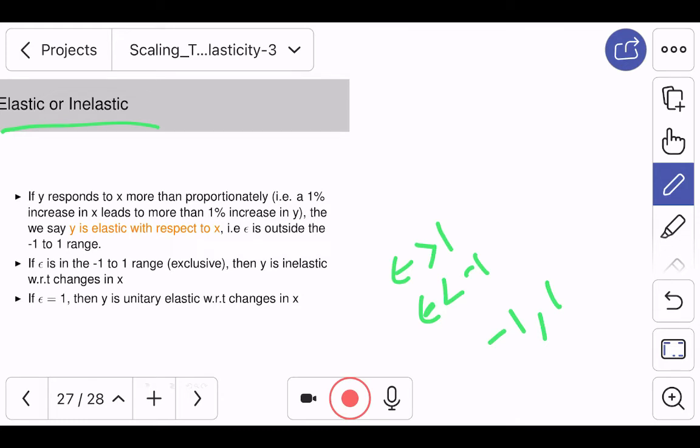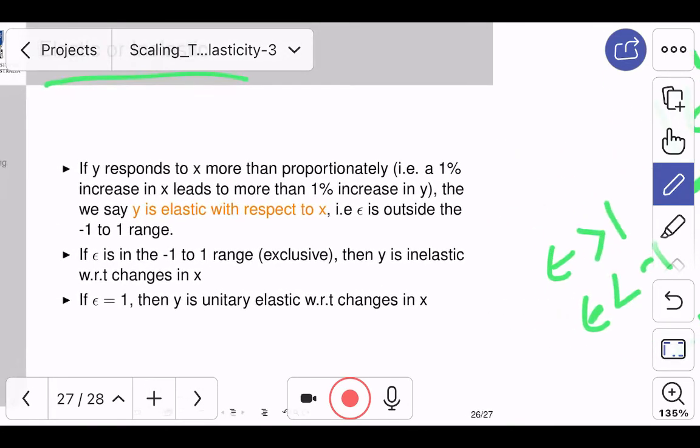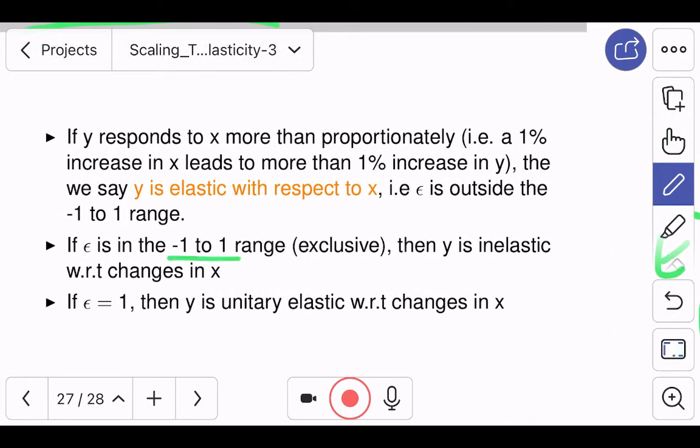Or if you prefer, you can always say that the absolute value of the elastic value is greater than 1. So that means it's either bigger than 1 or less than -1, but whichever it is, it means y responds to x more than proportionately. So it's elastic. If it's within the -1 to 1 range, we say it's inelastic. And if it's exactly 1, then we say it's unitary elastic.